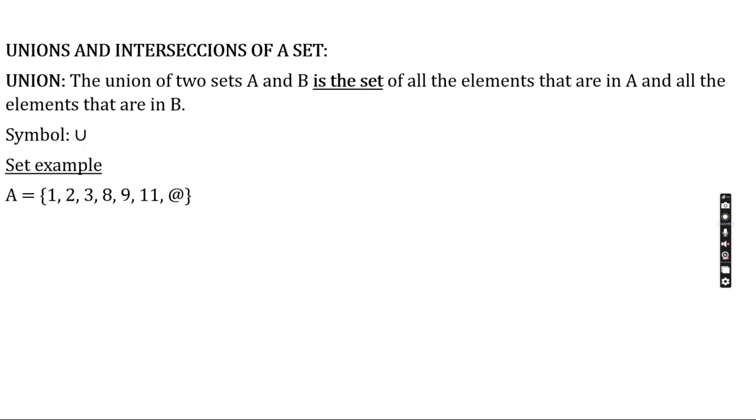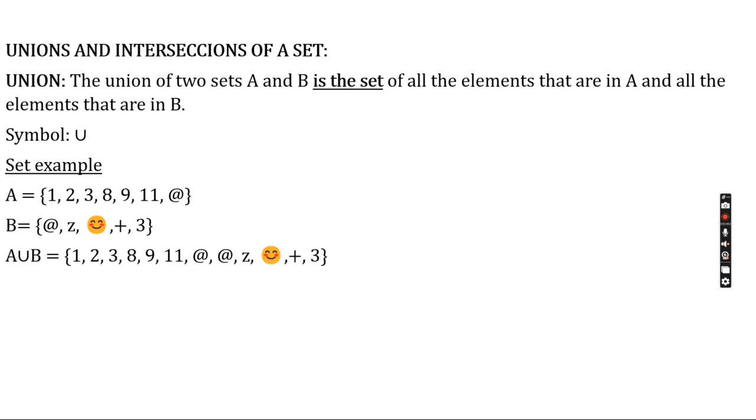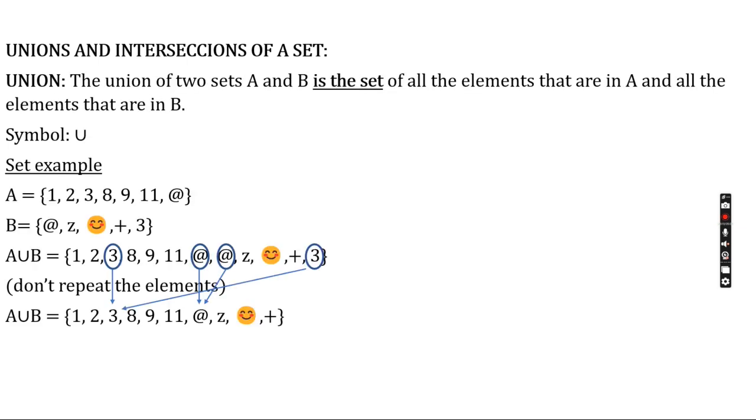As an example, if you have the set A defined with these elements, and the set B defined by those elements, then the union of both sets is this one. But you always have to keep in mind that elements can be repeated, and those elements that are repeated, you only put once. If you have two threes, you only use the element 3, and if you have those at signs, you just use one.